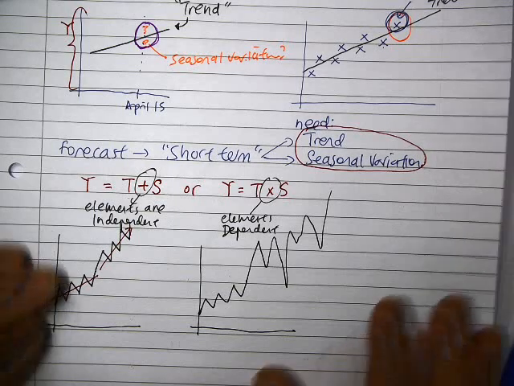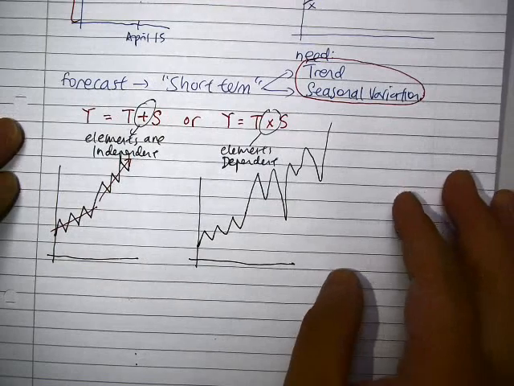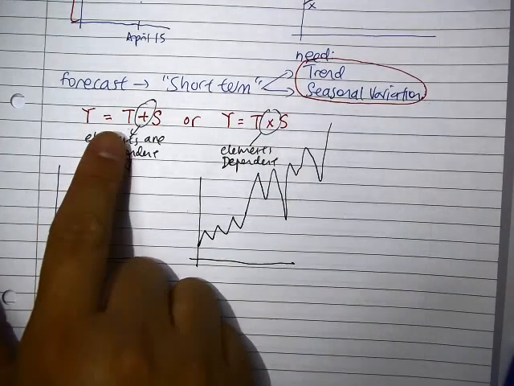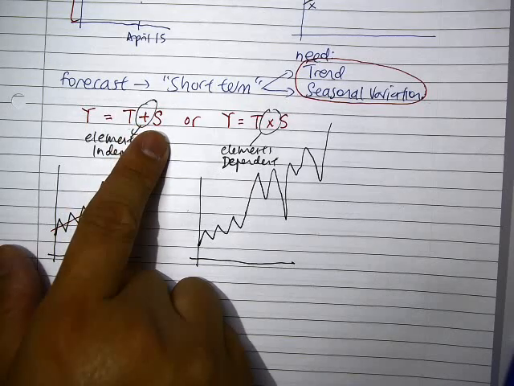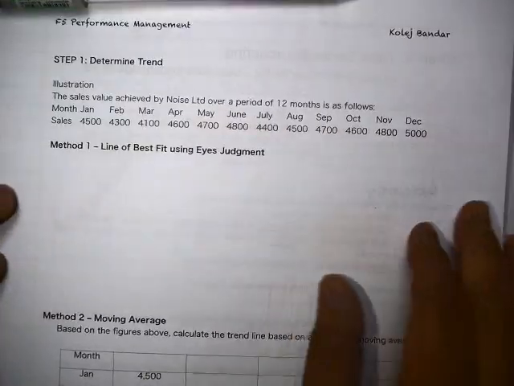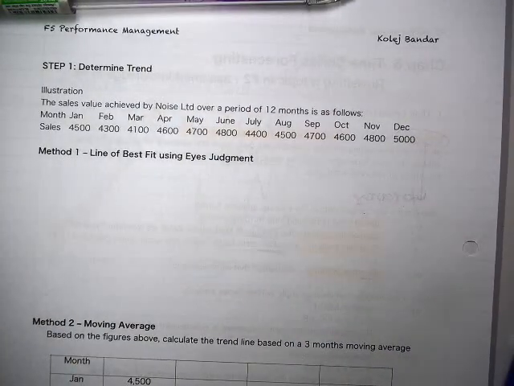Okay. So what we're going to do now is we need to go through again how you determine trend and how you determine seasonal variation. Okay. Now I will go back to your notes now, page 90. Okay.